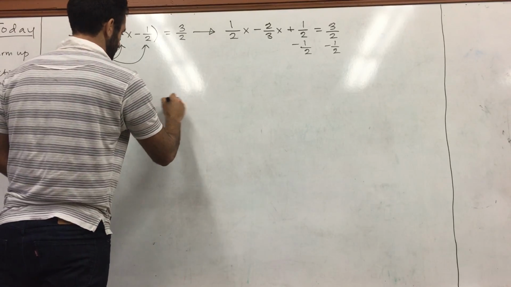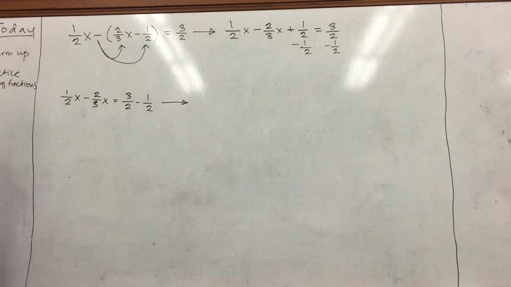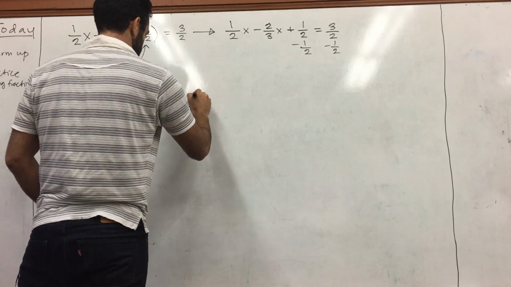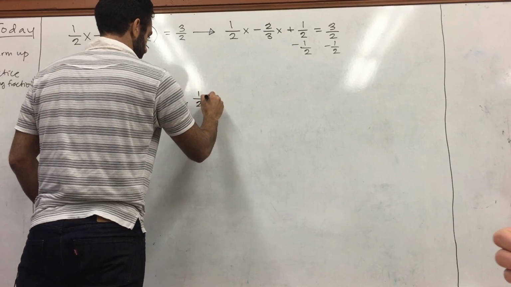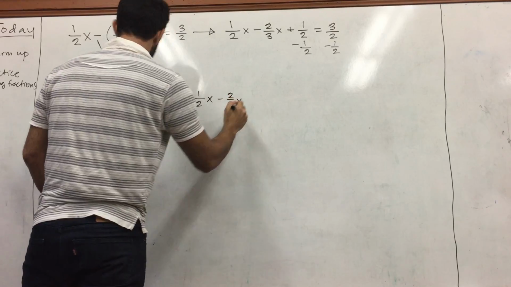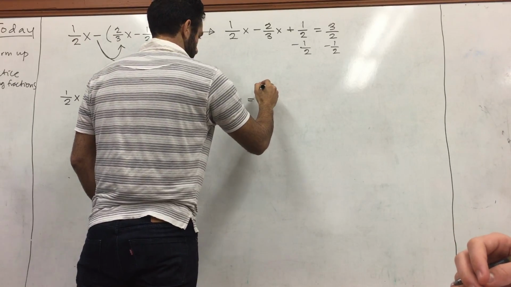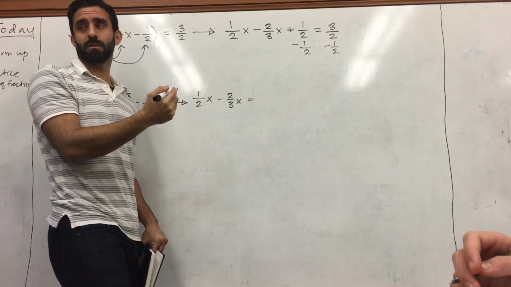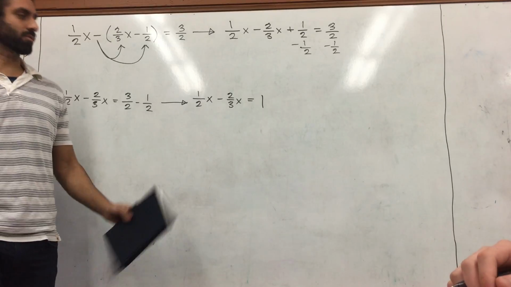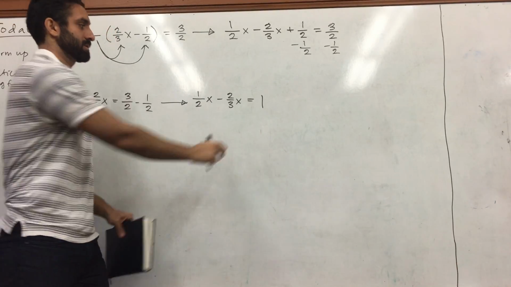What's 3/2 minus 1/2? One. Is it okay if I write 1? Does anyone have questions why I did that? You understand why this becomes 1?